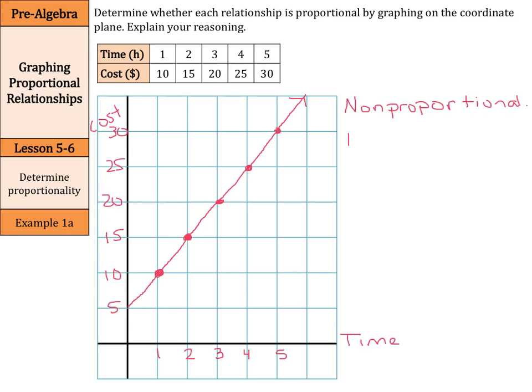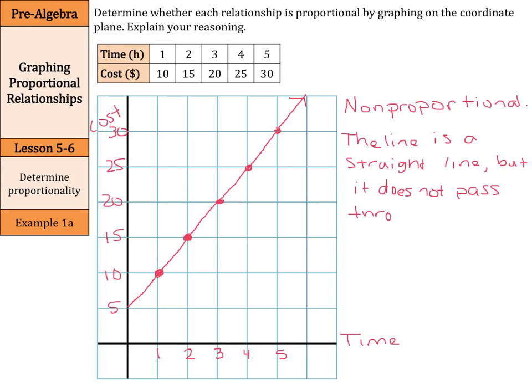The line is a straight line, but it does not pass through the origin. So we hit 1 out of 2, but that's not 2 out of 2, so this is non-proportional.